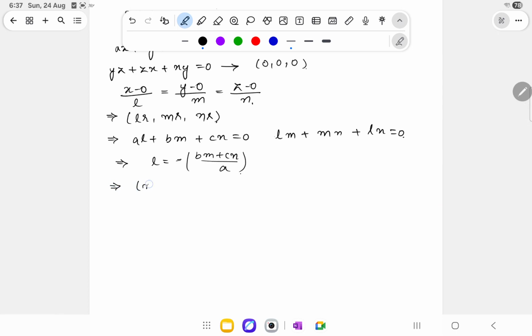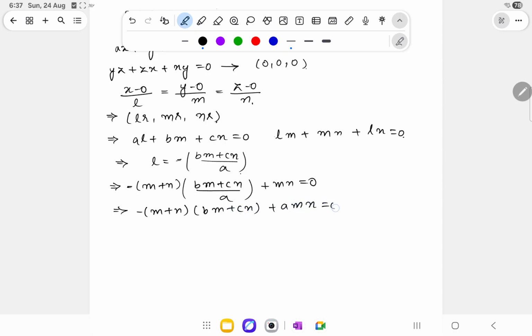So I'll get (m plus n) into minus of (bm plus cn) by a, plus mn equals 0. If I simplify it, I'll get minus of (m plus n) into (bm plus cn) plus amn equals 0.